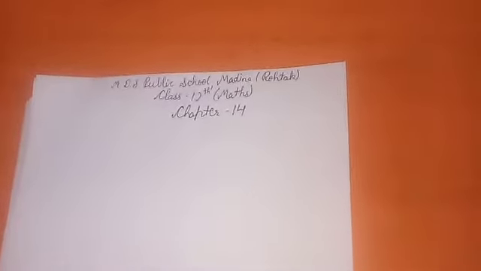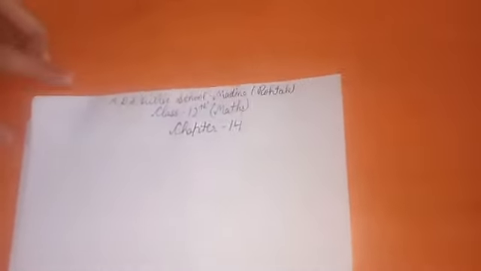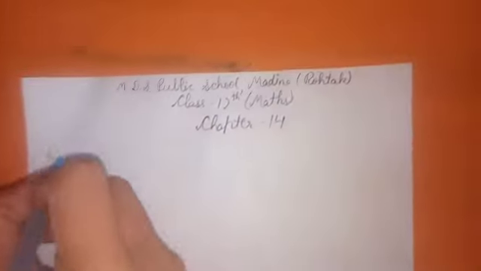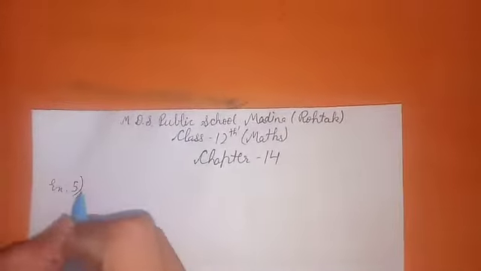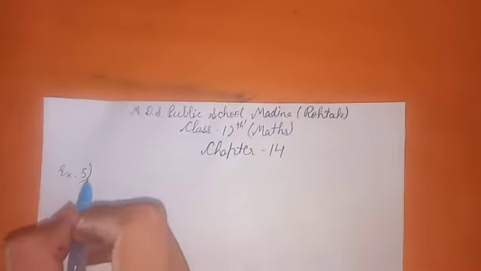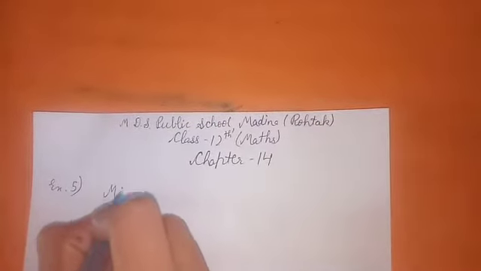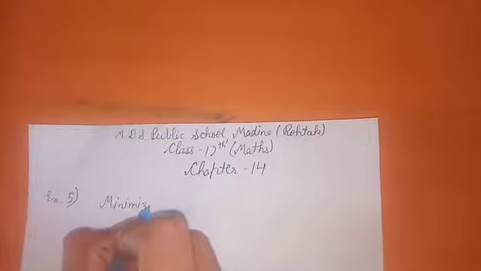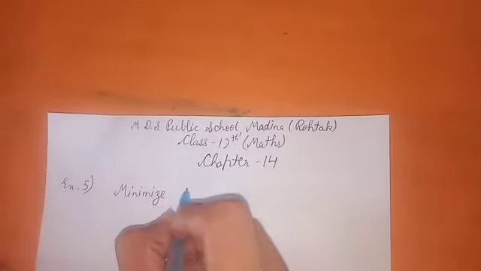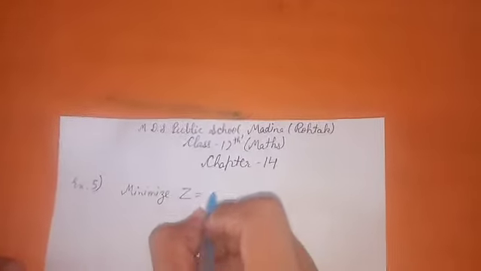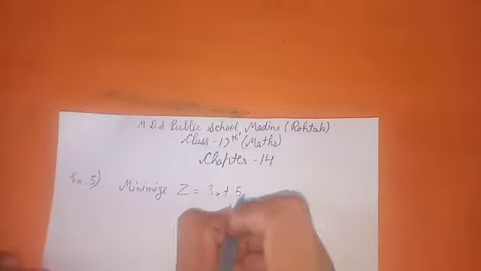So you can see example 5 in your books. It is given that we have to minimize, which means we have to find the minimum value for z equals 3x plus 5y.